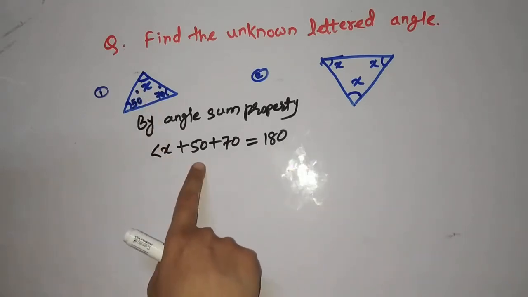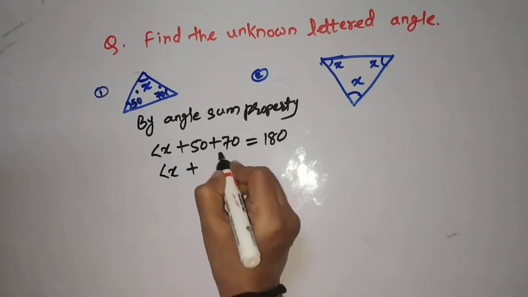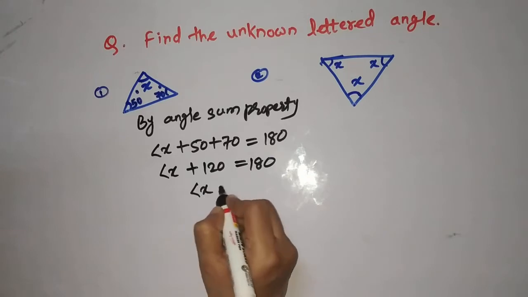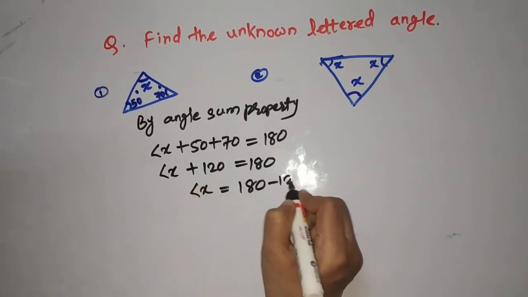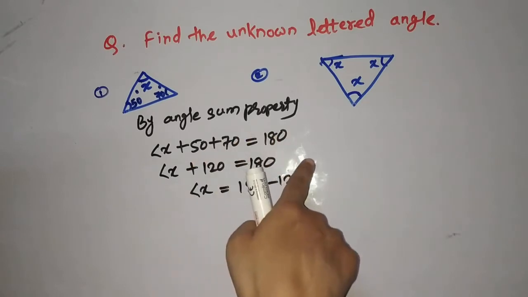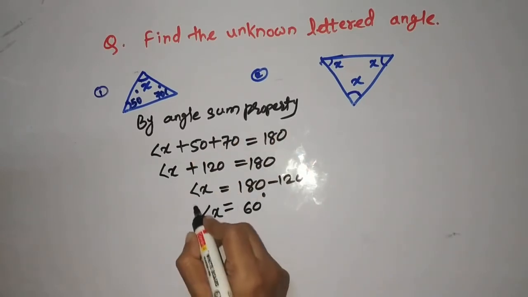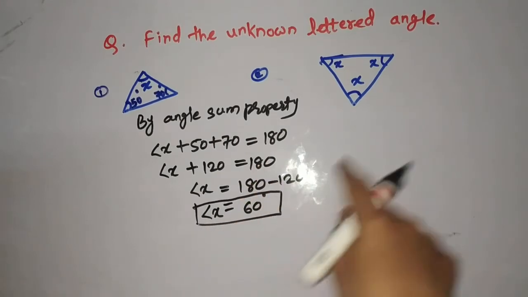So here angle X plus 50 plus 70 is going to be 180. We'll do the addition here, we get 120. So angle X is equal to 180 minus 120. We'll solve this simple equation and get 60 degrees. So here angle X is 60 degrees.